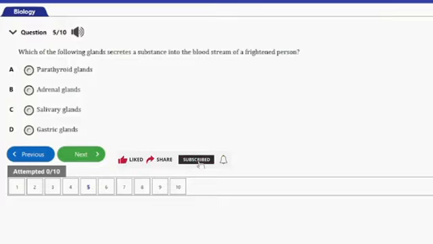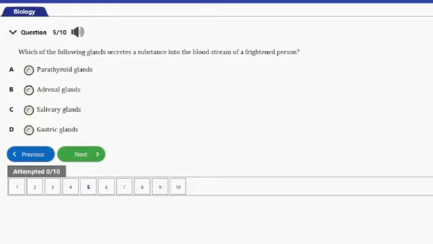Question number 5 here. It says, which of the following glands secrete a substance into the bloodstream of a frightened person? We have A, parathyroid glands, B, adrenal gland, C, salivary glands, D, gastric glands. So guys, the answer to this question is option B, and that's the adrenal gland.